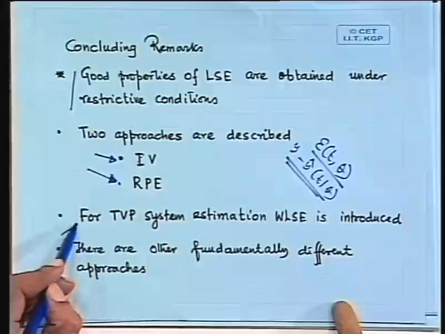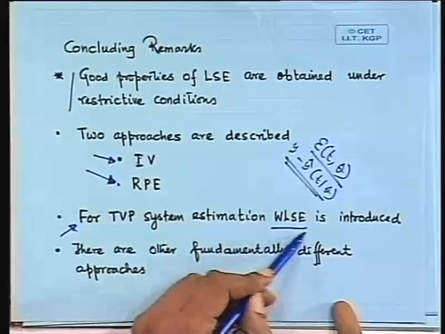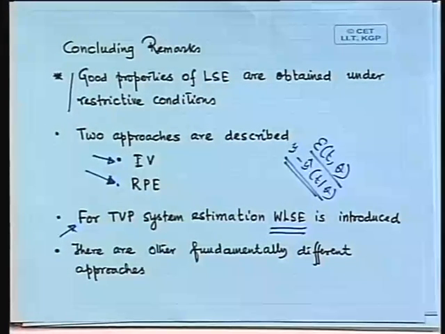For time varying parameter systems, we saw that you have to have a weighted least square with maybe some exponential forgetting. But if I stop here, it will appear to you as if least square is the only estimator in the world. That is not the case. There are estimators which you can derive from other philosophies.